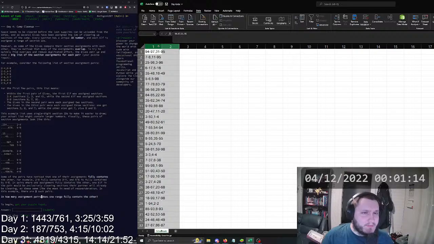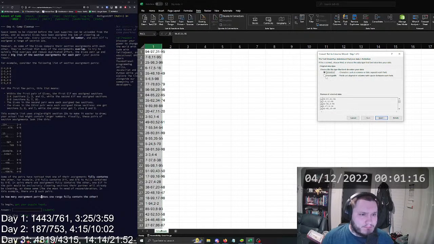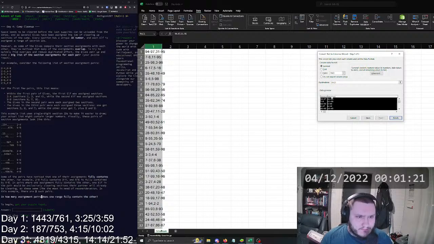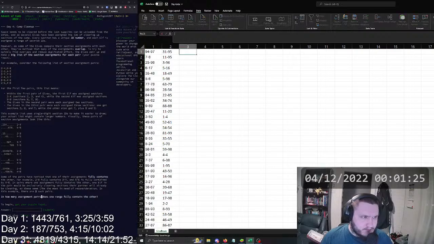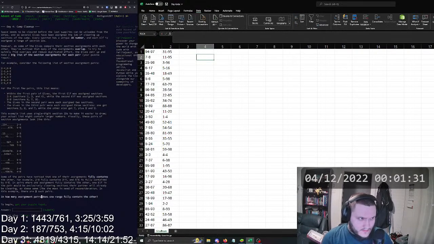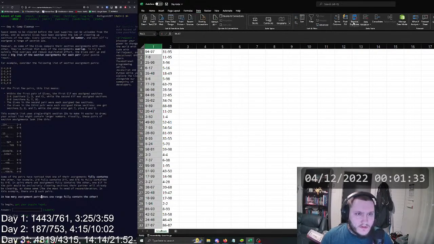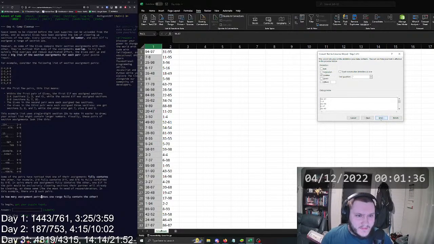Okay, so I do need to split. So now I'm going to do... actually, I can do this again. I can do Text to Columns, delimited by the other one, the hyphen.